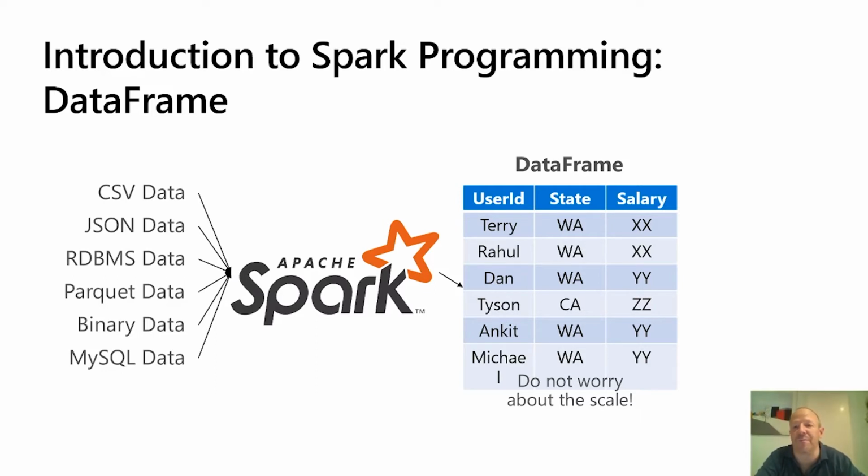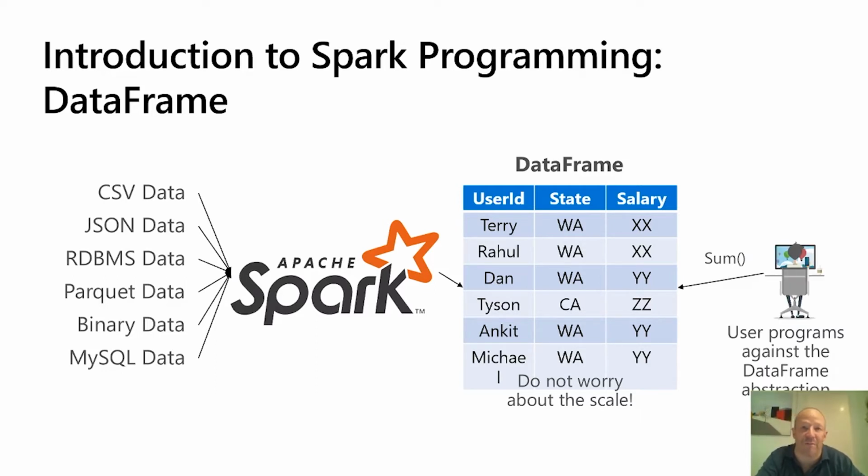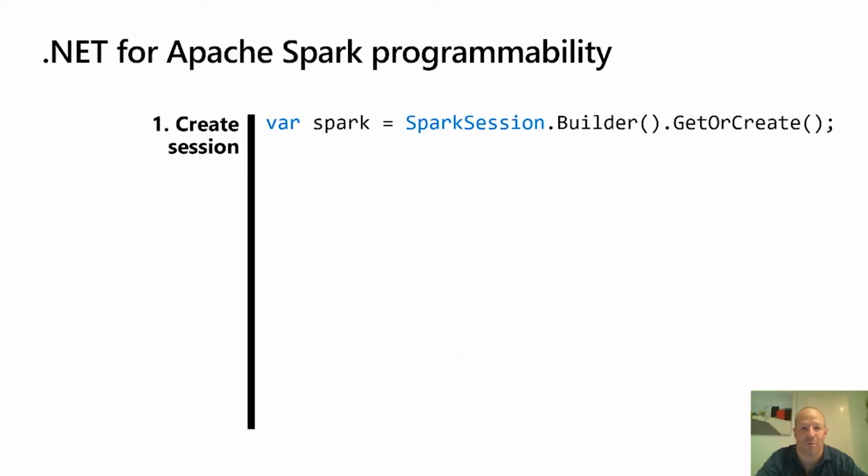It will work. Now, we'll talk a little bit further later why that is the case. And then obviously you can program against the data frame abstraction using a domain-specific language, which is very similar to LINQ. And we'll show you some examples now.